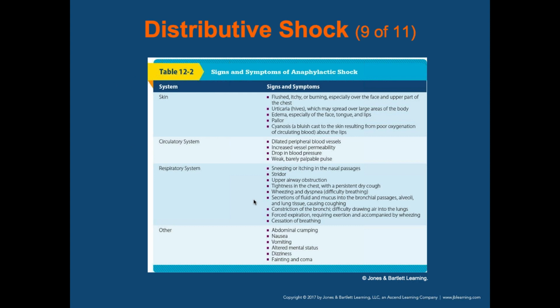Respiratory system: stridor, upper airway obstruction, sneezing, tightness in the chest, wheezing, dyspnea, difficulty breathing, secretions of fluid and mucus into the bronchial passages and the alveoli, causing coughing and lung tissue issues, constriction of the bronchi, forced expiration, cessation of breathing, abdominal cramping, nausea, vomiting, altered mental status, dizziness, fainting, and coma. All things that can happen with anaphylactic shock.